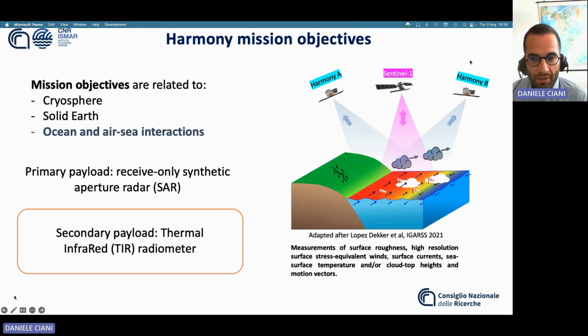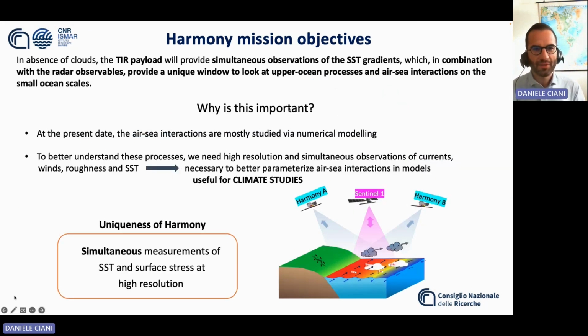So the main payloads of this mission are a primary one, which is a synthetic aperture radar, and a secondary payload, which is the topic of today's presentation, which is a thermal infrared radiometer. The mission, as I said previously, is very interesting and has this specific capacity to provide simultaneous observations of quantities related to surface stress and surface thermal features, combining information from the two payloads.